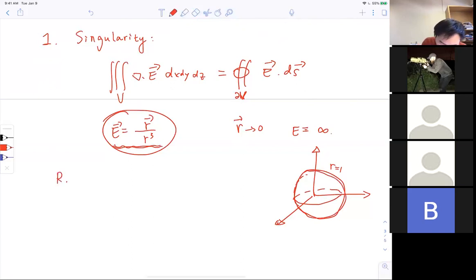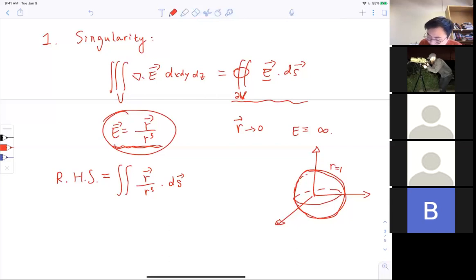So for the right-hand side, we can write it down: E becomes r vector over r cubed, dotted with dS. Because this is a sphere, the direction of dS is r hat, pointing outwards. So dS becomes r hat dS.